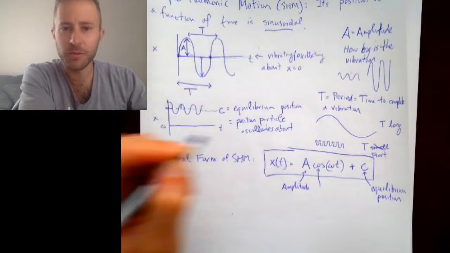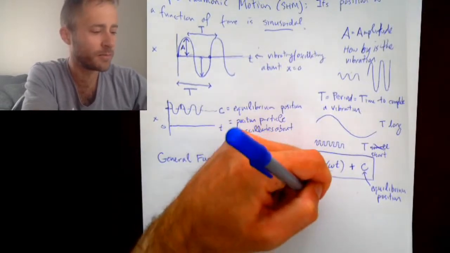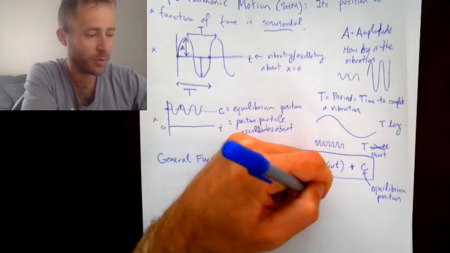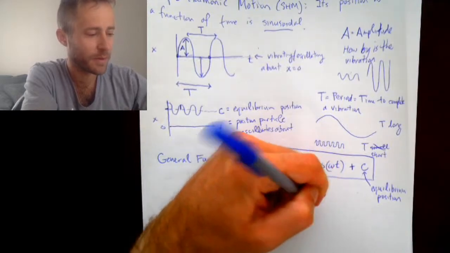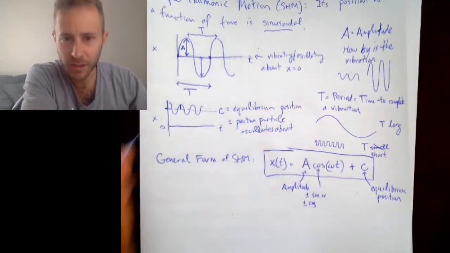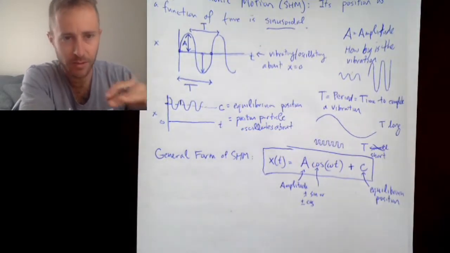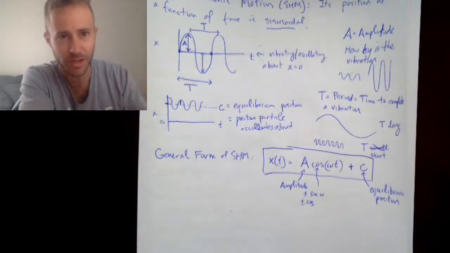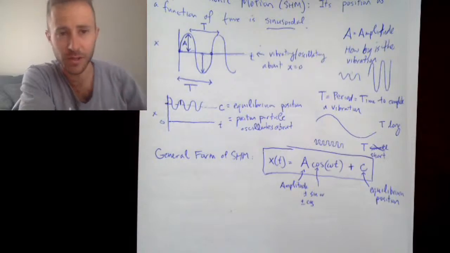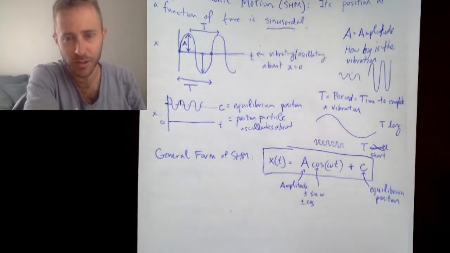This does not have to be cosine. It could be any trig function, or it could be sine or cosine, or negative sine or negative cosine. It wouldn't be tangent, because tangent is just a crazy graph that goes off to infinity, right? So it can't be tangent, but it can be sine or cosine.